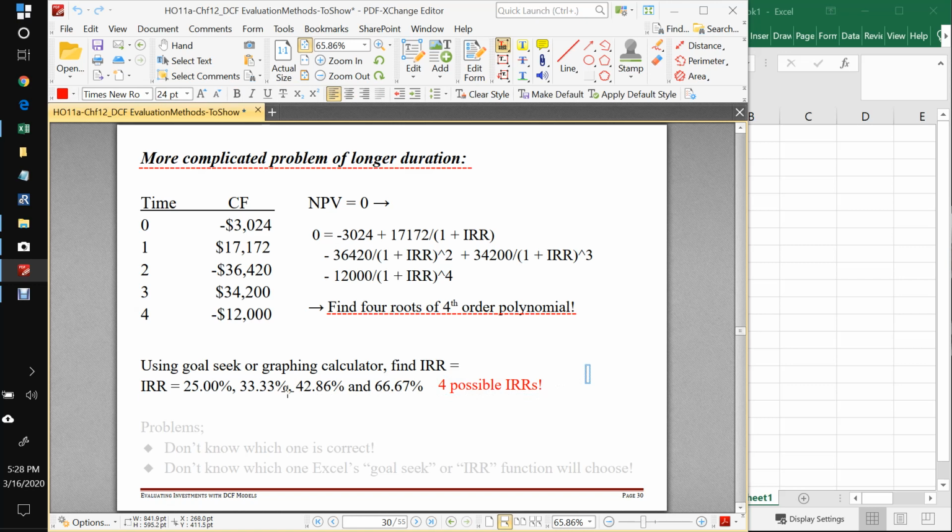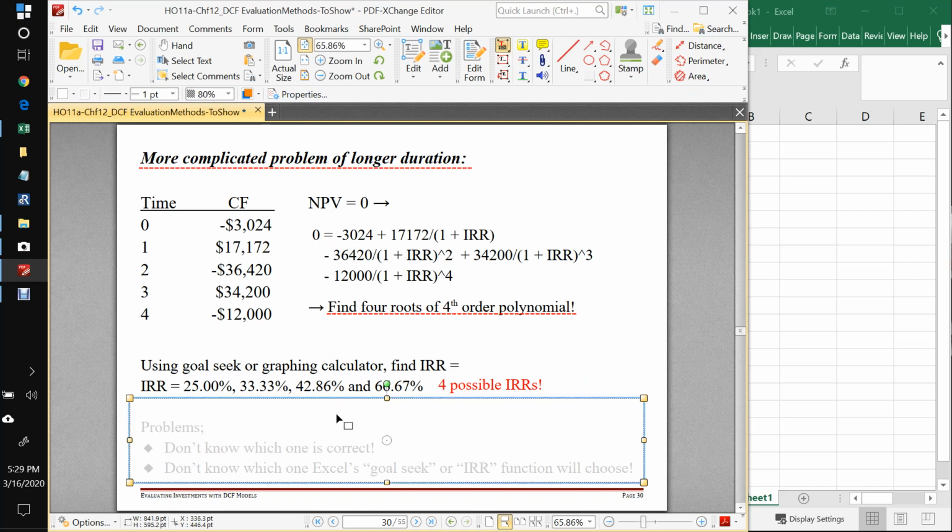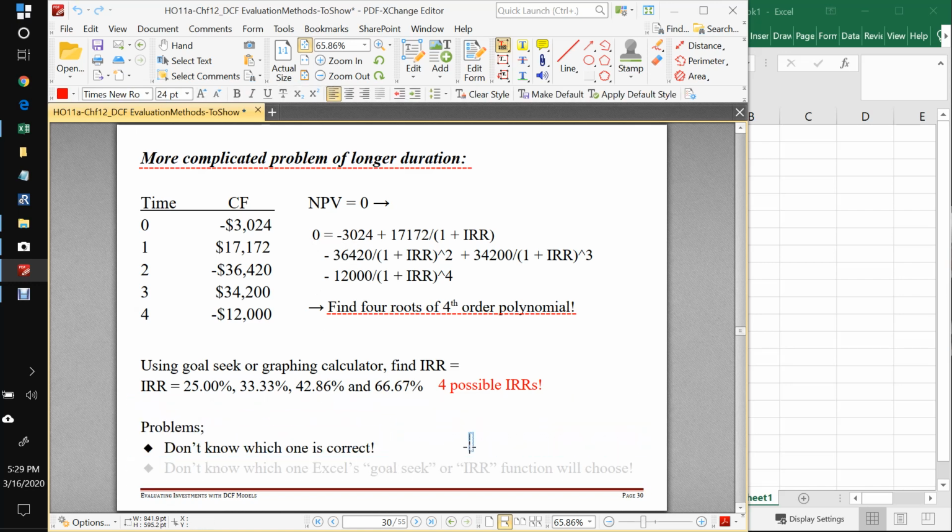And you can plug these into your calculator and you will find they all make this equation true. They all make the right-hand side equal to 0, matching the left-hand side. So our problem with this is we don't know which one is correct.